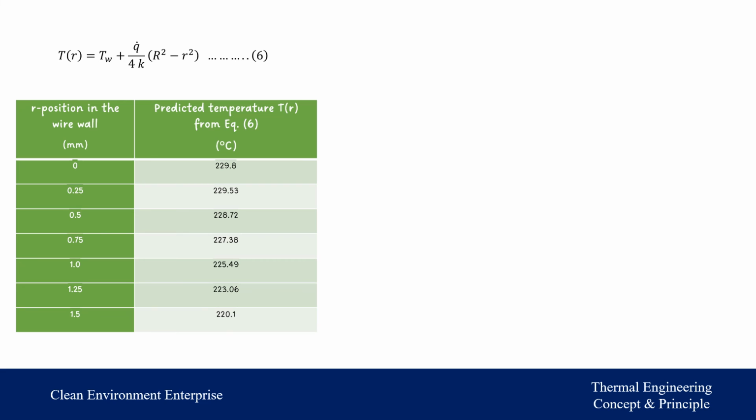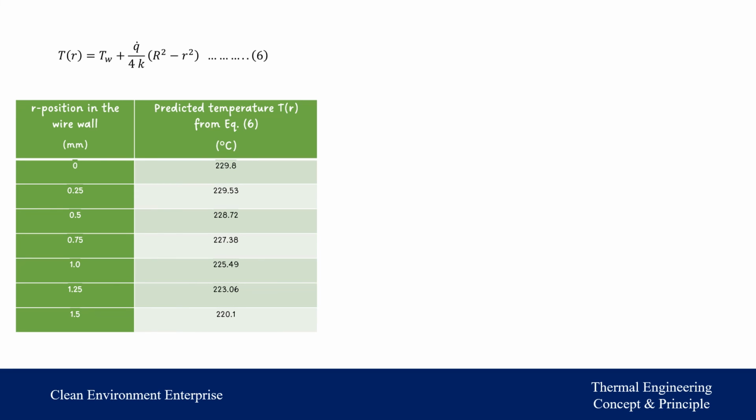Then we will get the temperatures: as calculated for the center it is 229.8, and as we go away from the center, the temperature falls down to 220.1 at the surface of the heating element.